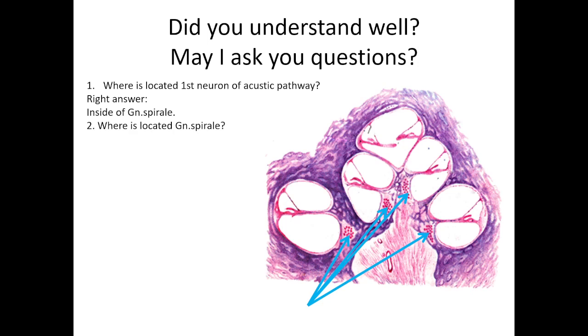Second question. Where is ganglion spirale located? How can we explain its location? At the attachment point of lamina spiralis ossea to the modiolus. So this is the modiolus, and lamina spiralis ossea attaches to the modiolus. Inside of this point, we can find ganglion spirale.